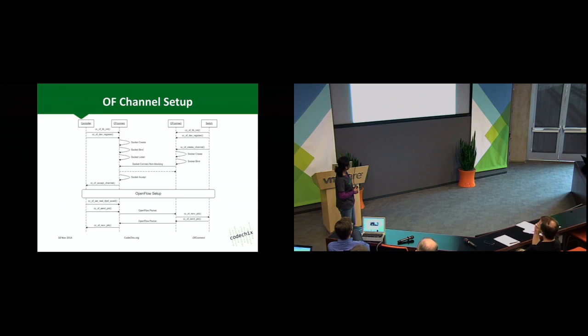Now this is the part where as an enhancement we want to roll this into the library. At this point though, we have the controller and the switch do the OpenFlow setup part of it. Following that, there's a learning of the DPID and aux ID that happens as a subsequent step.